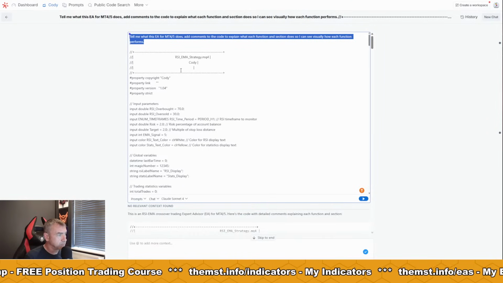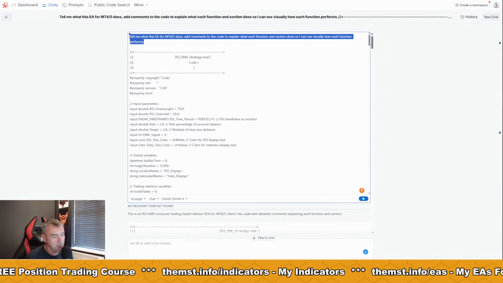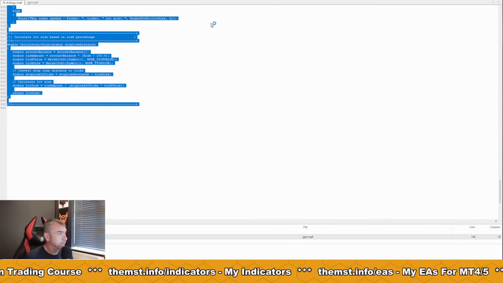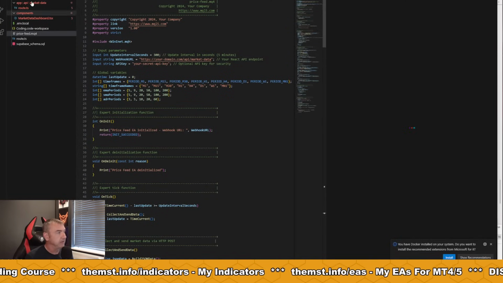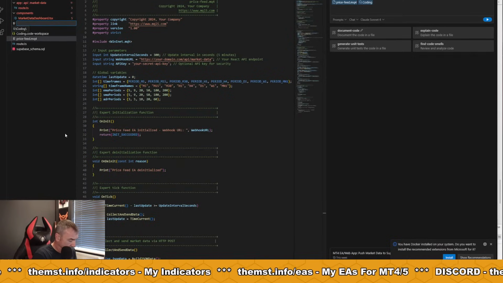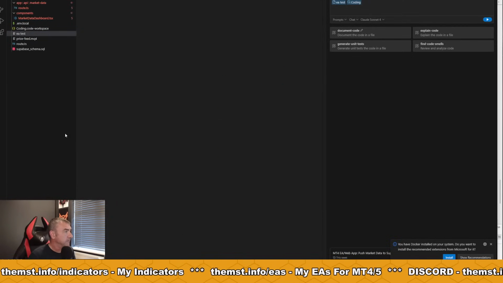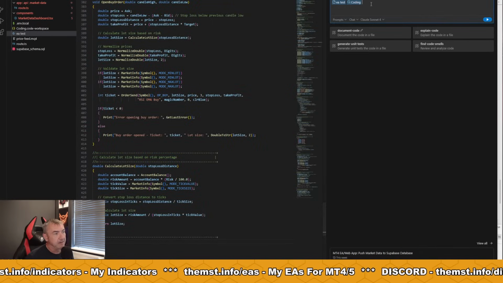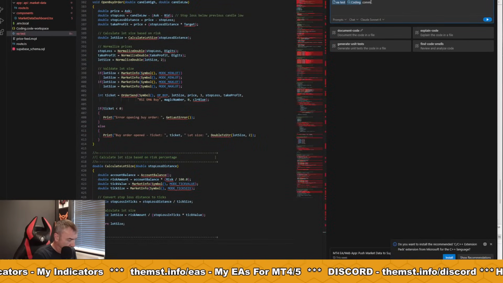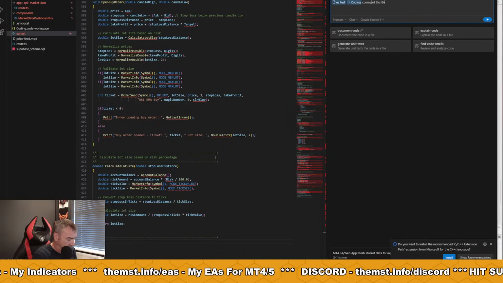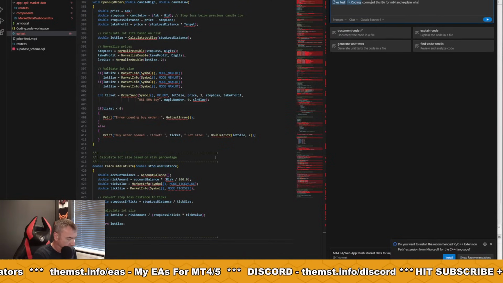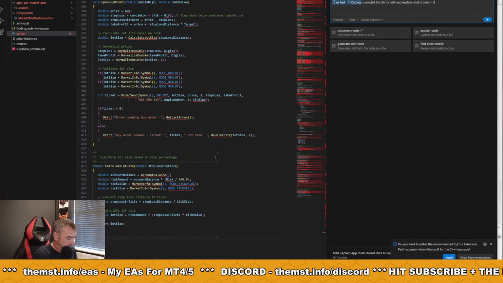If you do that in Visual Code Studio, basically create a new file, EA test, put the code in. And so I'm saying EA test coding, comment this EA for MT4 and explain what it does in detail.